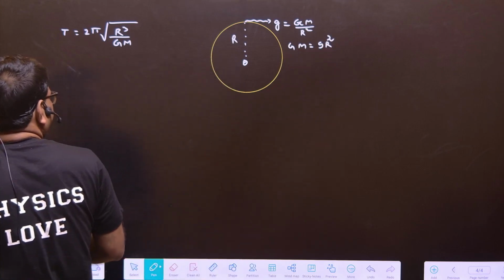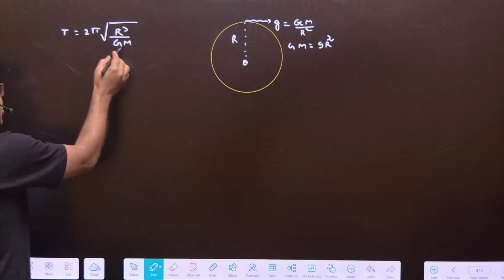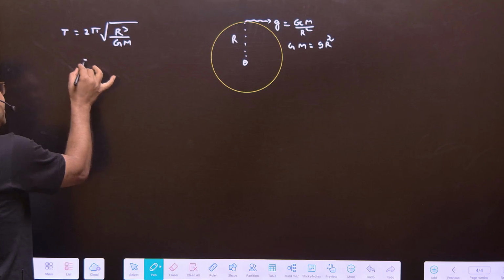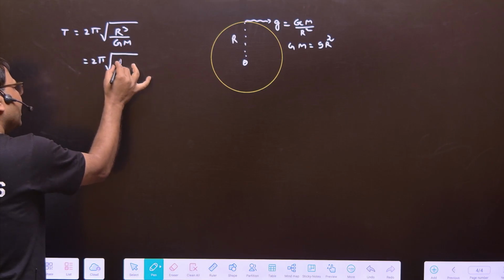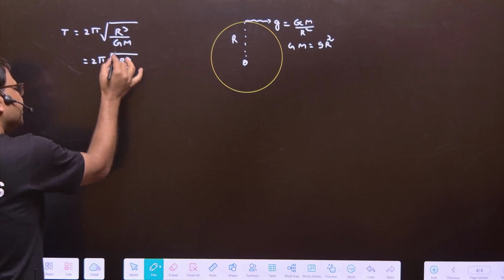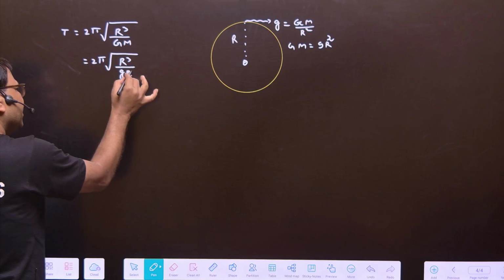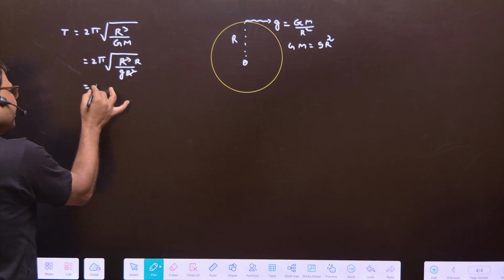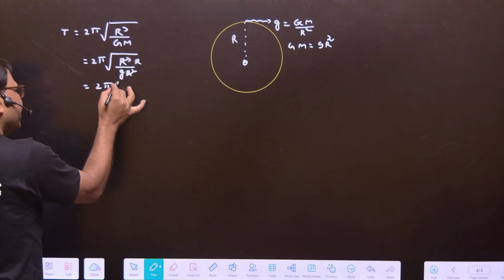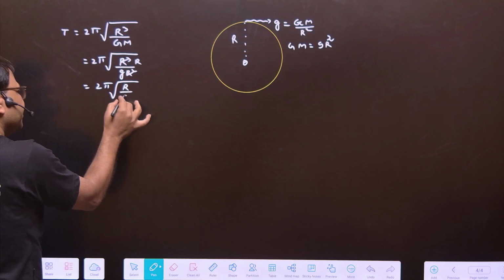Now see, by cross multiplication, instead of gm we can put g R square in 2 pi root over of r cube by gm. R square cancels with r. Then we get 2 pi root over of R by g.